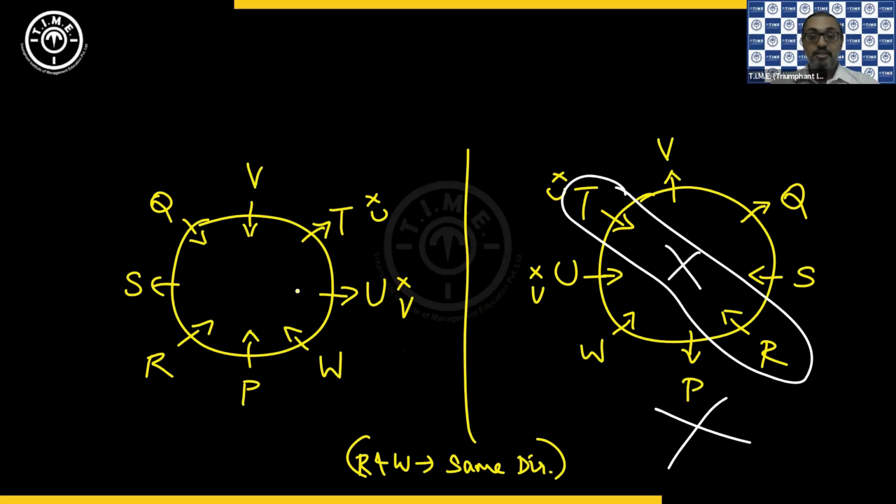Then my condition is satisfied, saying that the person who is opposite to R faces the direction opposite to R. Correct? And there are 3 people facing away, S, T and U. That way I finally get my arrangement.